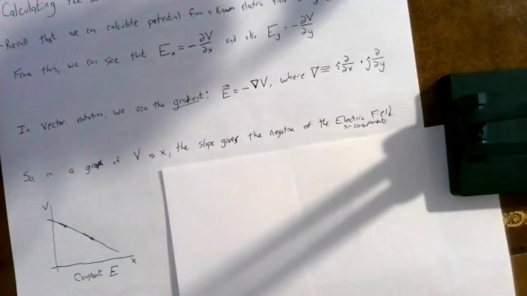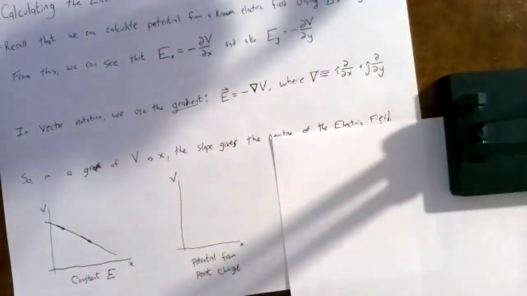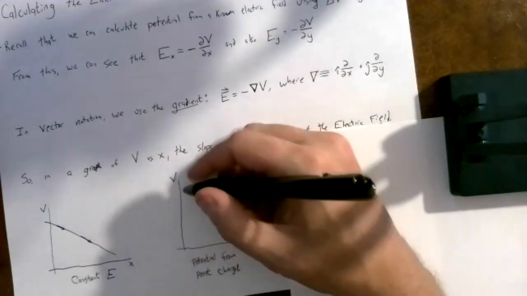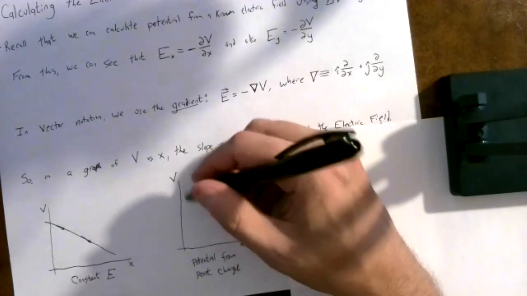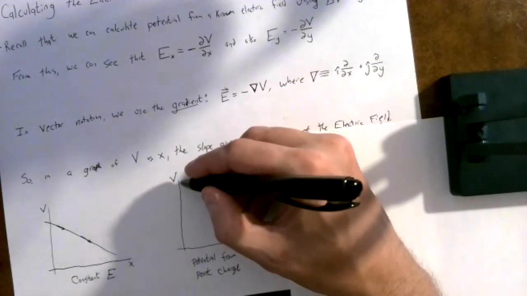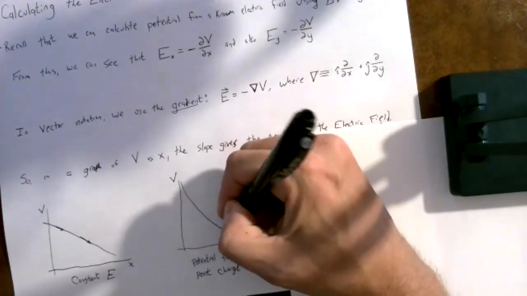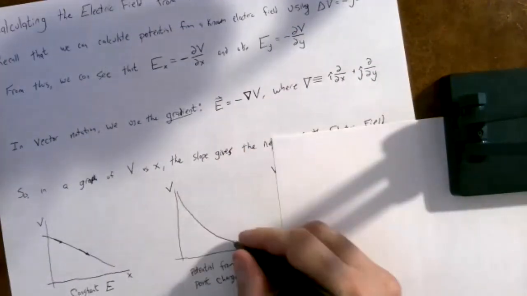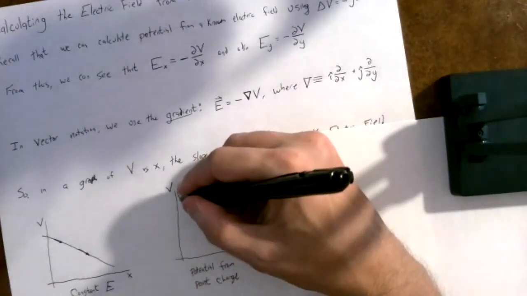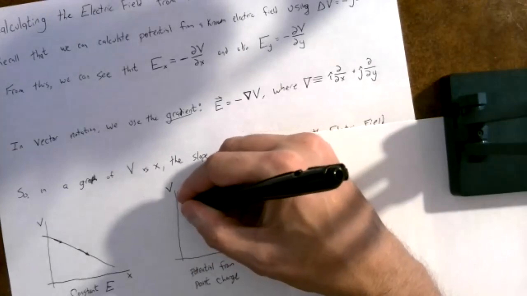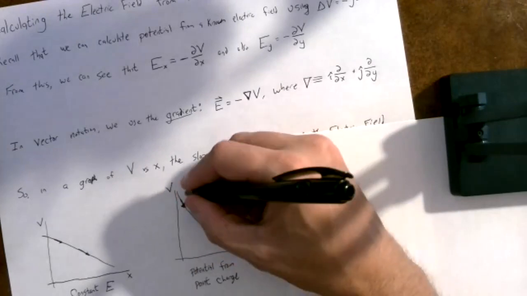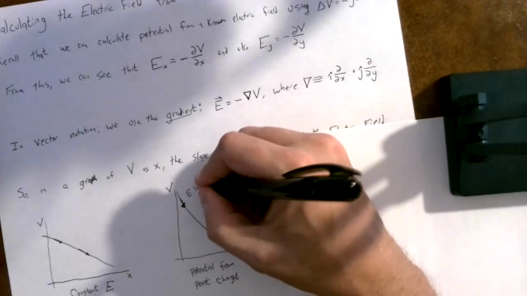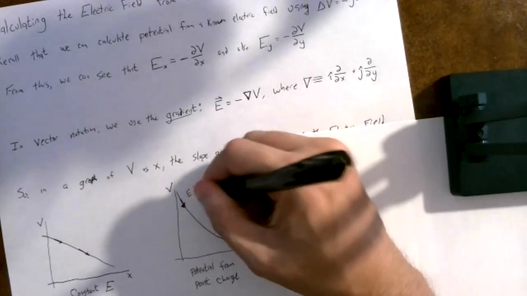If we want to look next at the potential from a point charge, we know that the potential from a point charge looks like 1 over r, so it's going to look something like this. And we can see here that we have a large electric field because we have a big slope.